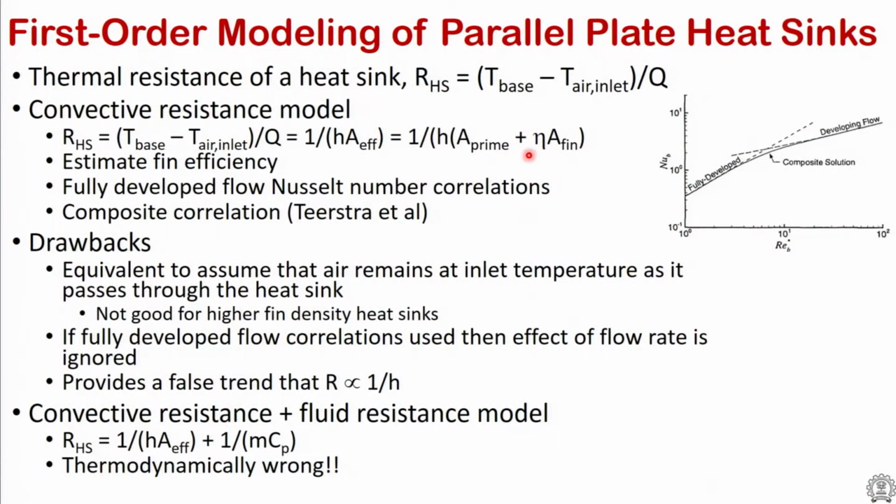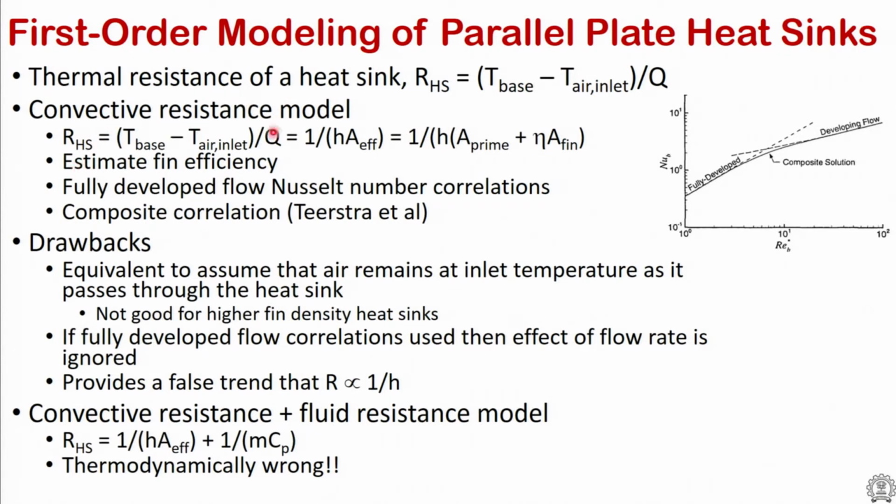And in terms of parallel plate heat sinks, again the typical definition for thermal resistance of a heat sink is defined as the base temperature of the heat sink minus air inlet temperature divided by the power dissipated by the heat sink. There are so many thermal models that are typically used to describe thermal resistance of the heat sink.